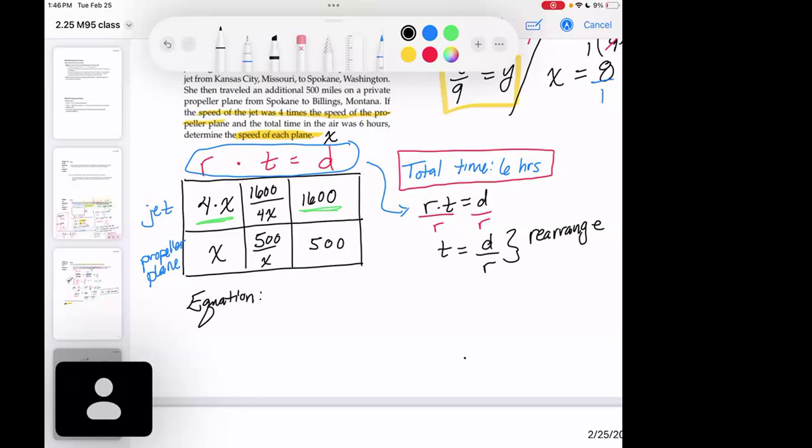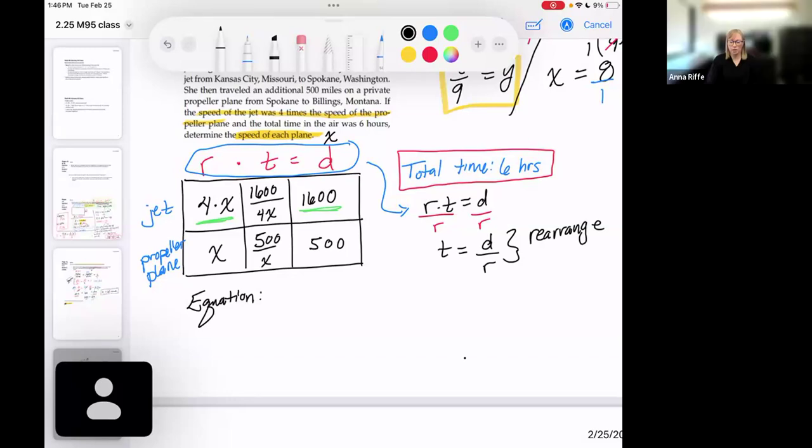If the total time is 6 hours, then that should be the time on the jet plus the time in the propeller plane. We add those together, we should get 6 hours. Well, we've said that the time on the jet can be represented by 1600 over 4x. And the time in the propeller plane can be represented by 500 over x.